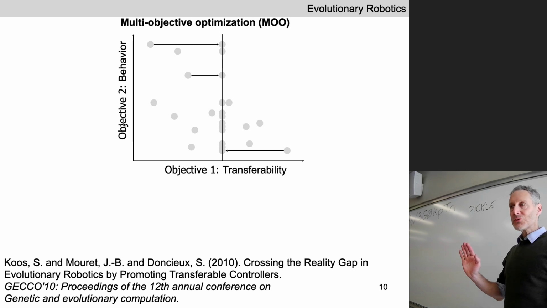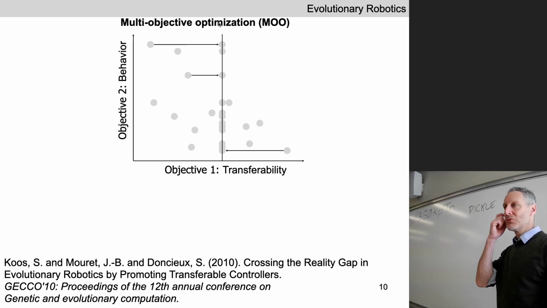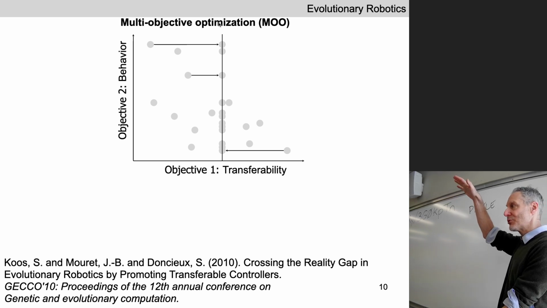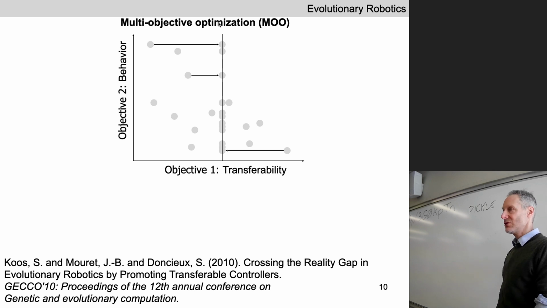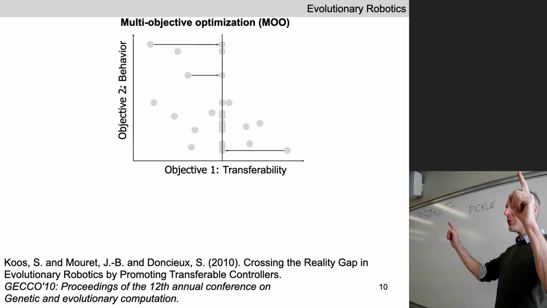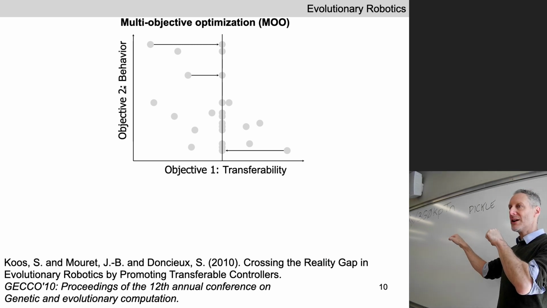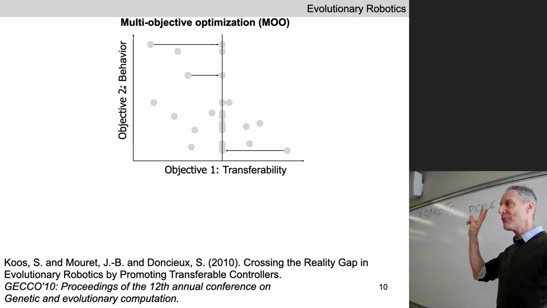Okay, let's run a hypothetical multi-objective optimization run. We're going to create a population of random controllers, like we always do, sets of synaptic weights. We're going to take each set of synaptic weights, download it onto the simulated robot, let the simulated robot do its thing, and now we have one of the two numbers for each controller.